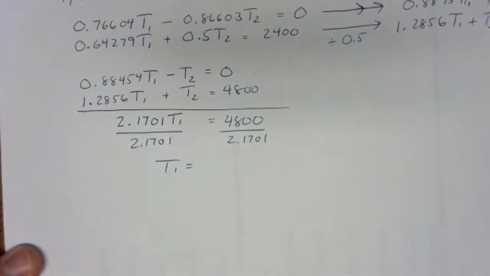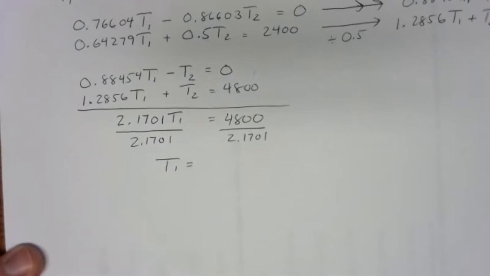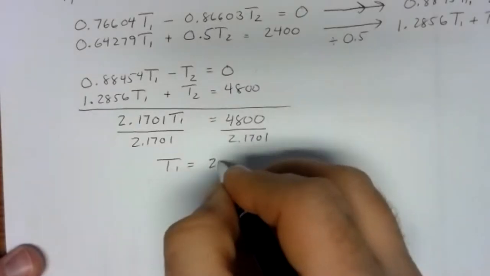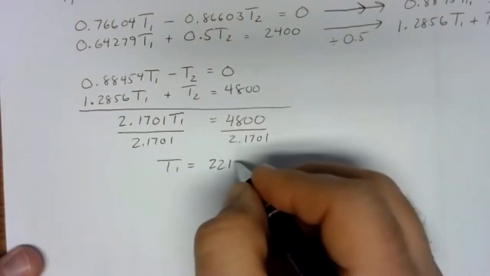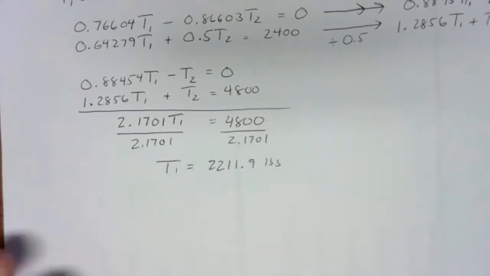And T1 is 4800 divided by 2.1701, which is 2211.9 pounds. Rounded to 5 sig figs for now. We're going to round to 3 sig figs in the end.